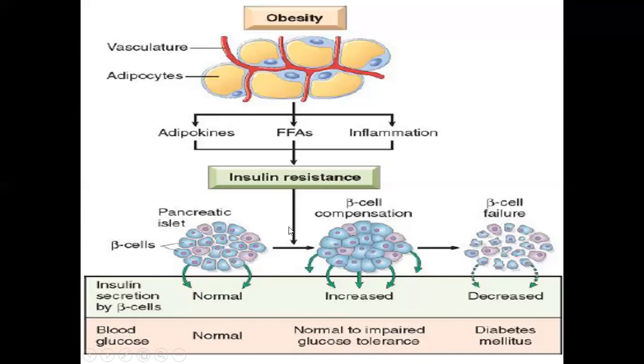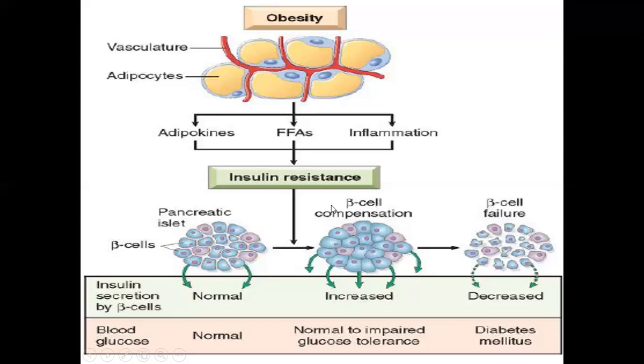Now, as a compensation, it causes increased production of your beta cells, so an increased number or increased size of your beta cells, eventually leading to impaired glucose tolerance.